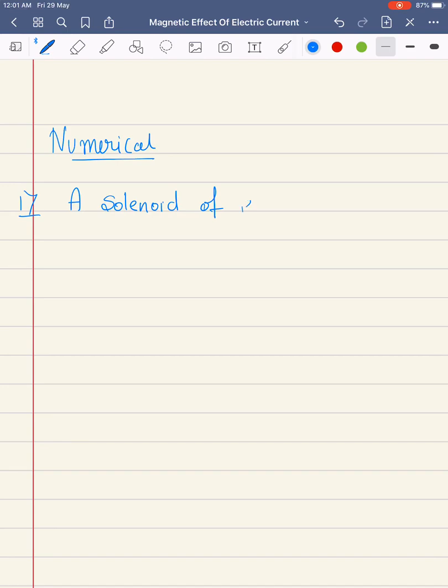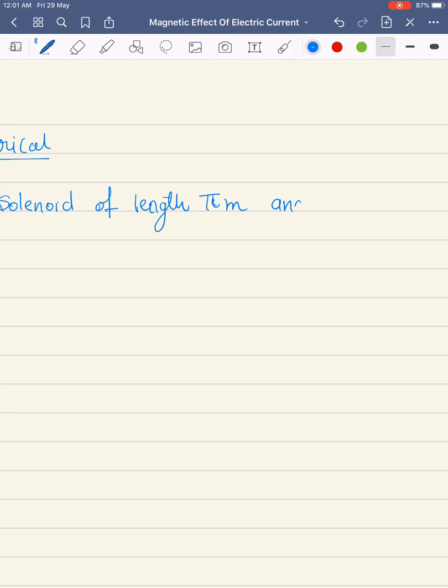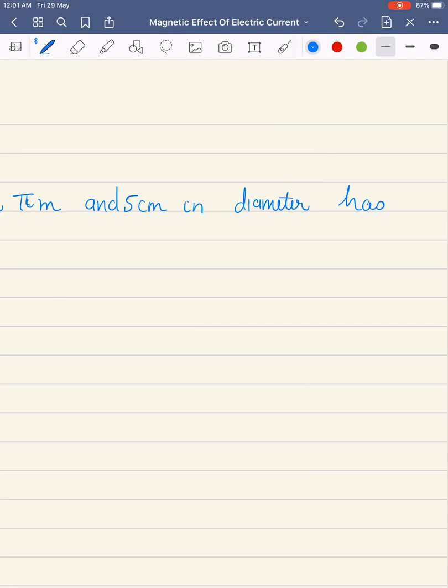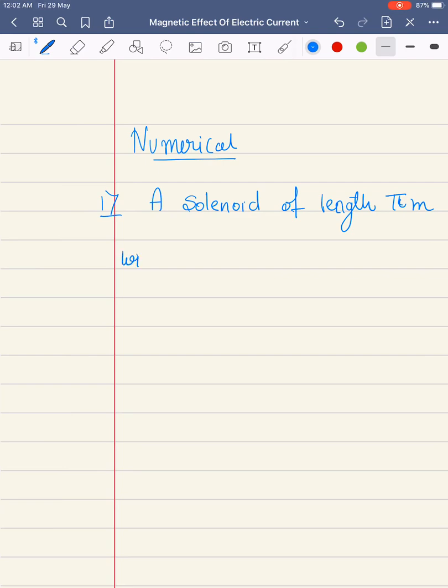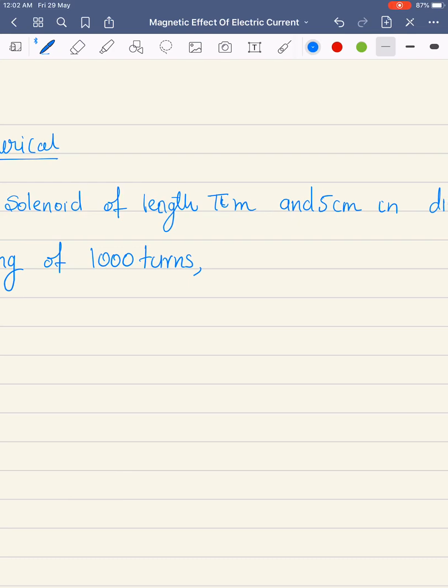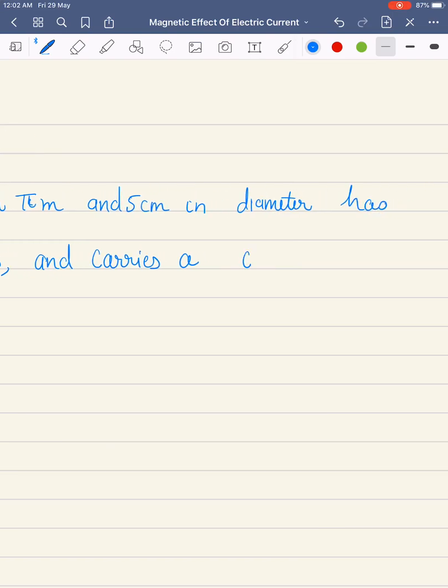A solenoid of length pi meter and 5 centimeter in diameter has winding of 1000 turns and carries a current of 5 ampere.